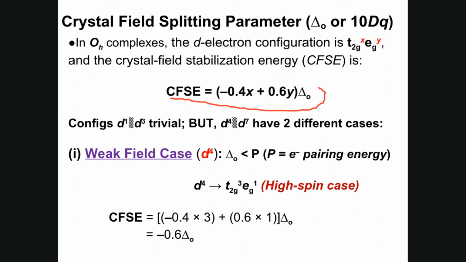So obviously, populating these orbitals in an octahedron with electrons will start from the ones of lower energy, which is the T2G. If we've got only 1 electron, there's no way that it can go anywhere. We don't have to think twice. It's going to go into the T2G. It's going to occupy one of the T2G orbitals.